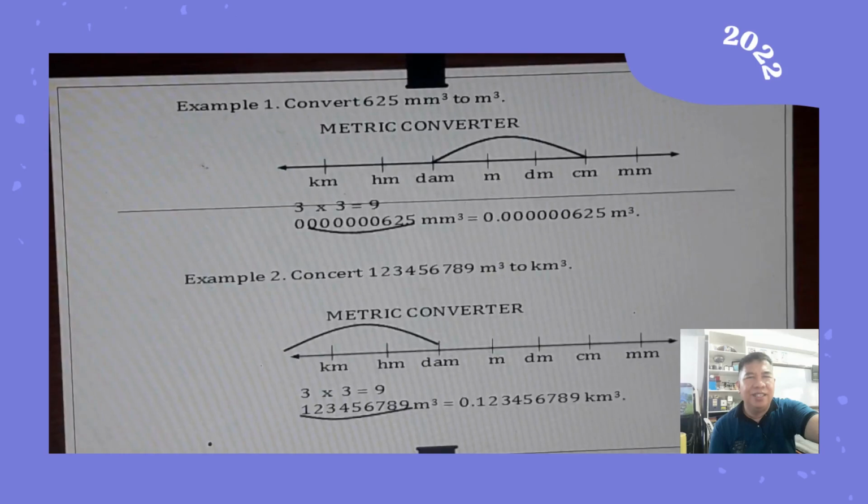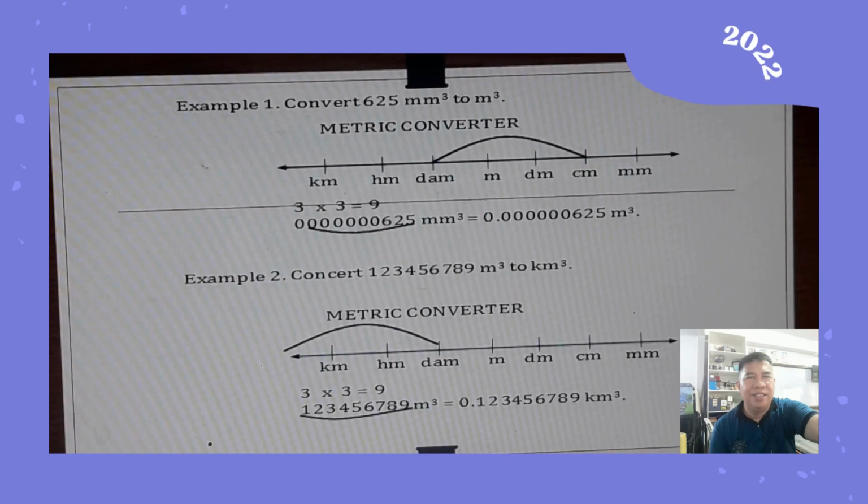By the way, talking about volume, if in the area we are multiplying 2 always to the number of times you move from one unit to another, here in volume you have a constant value of 3, meaning you're multiplying the movements 3 times. And that would be the corresponding conversion of the value of the first unit to the other.